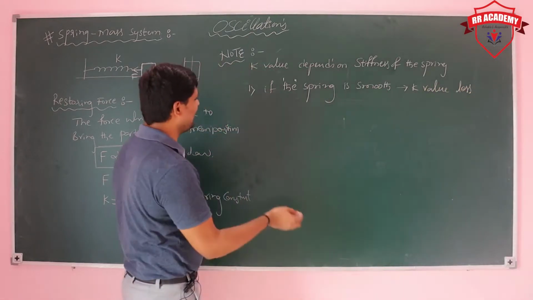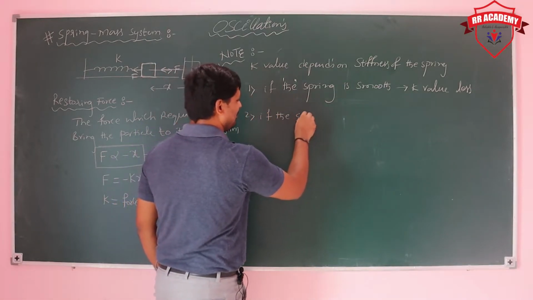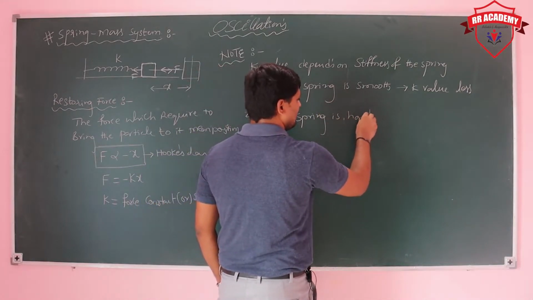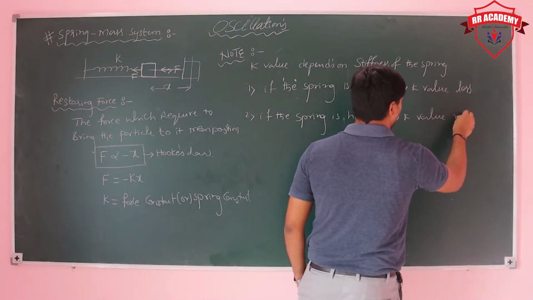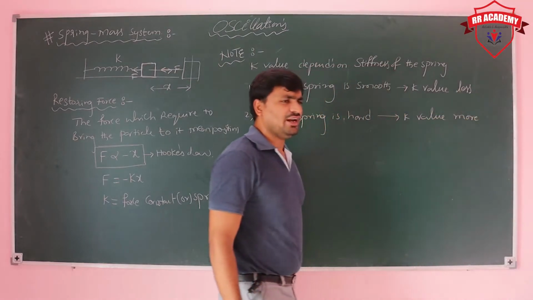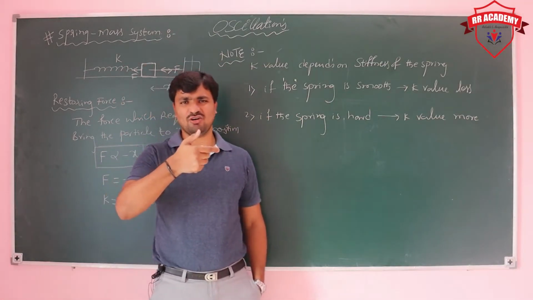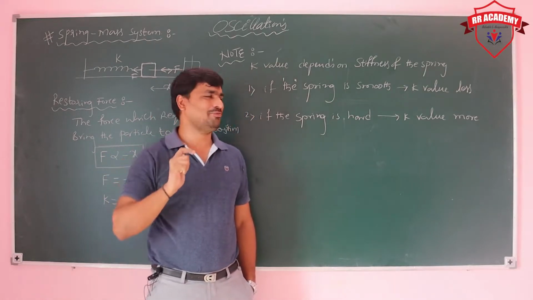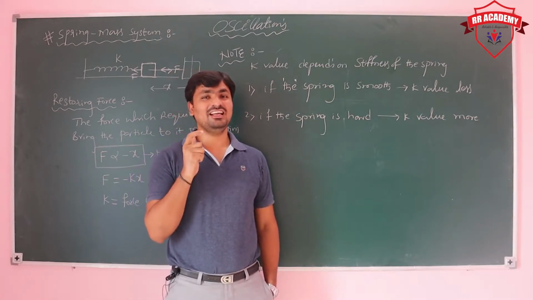If the spring is hard or tough, then the K value is more. For example, in the click pens we use, the spring constant is very small.